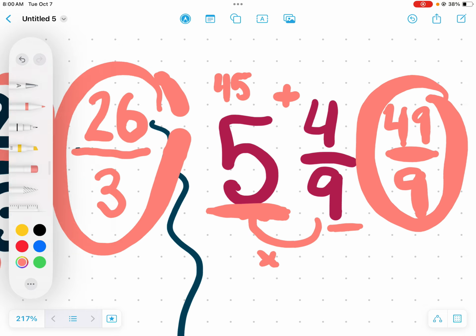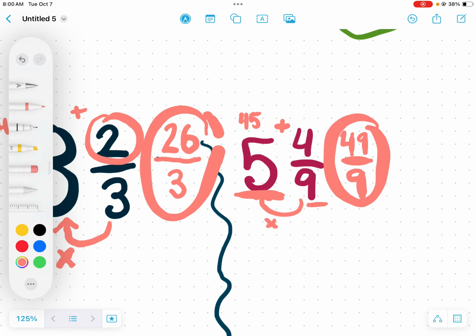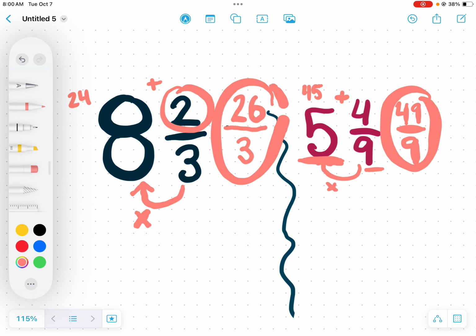Now keep in mind that if you're wanting to change any fraction into a decimal, how you do that is by dividing. Okay? If we were wanting to change 2/3, put that numerator on the inside, and then you put the denominator on the outside.